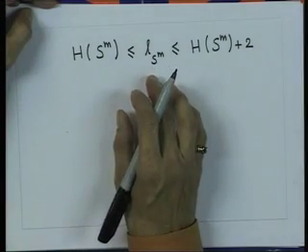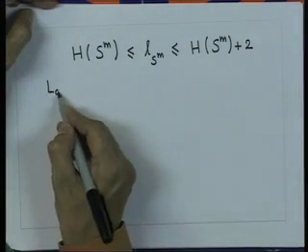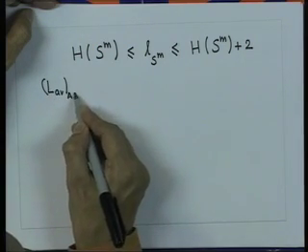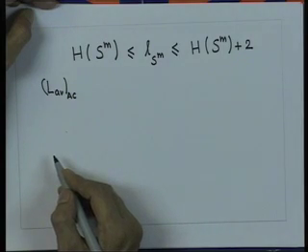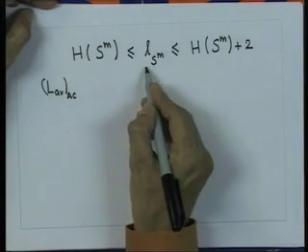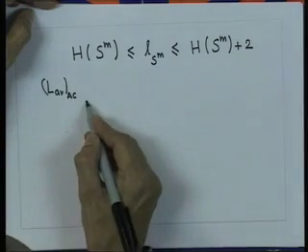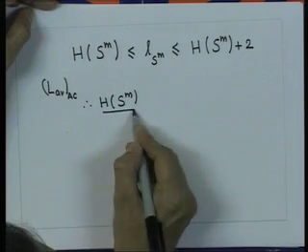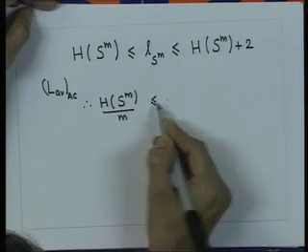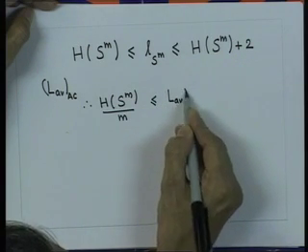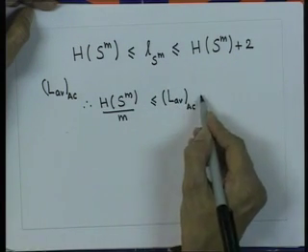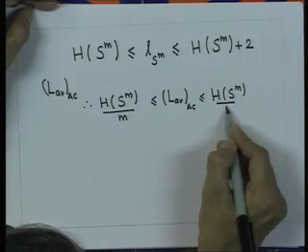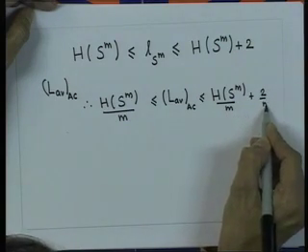The length per symbol we denote by L average, and since we are talking about the arithmetic code, we will denote it by AC. For the arithmetic code it will be given by dividing this quantity by m. Therefore, we get H of Sm over m is less than or equal to L average for the arithmetic code, less than or equal to H of Sm divided by m plus 2 by m.